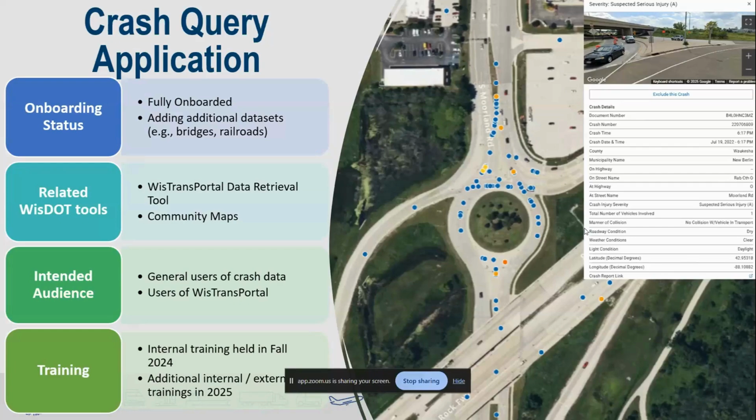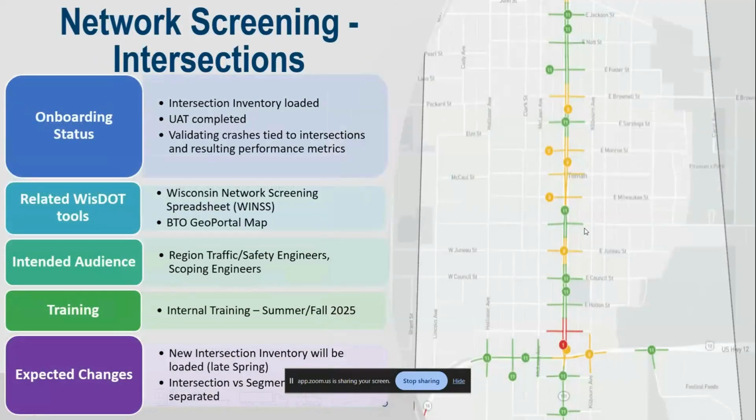And so the next thing that we're kind of working towards is getting network screening up and running. This for us is really going to be the basis of what our safety engineers do, being able to identify, I'm showing the intersections one right now, but both intersections and segments, knowing where we have locations.